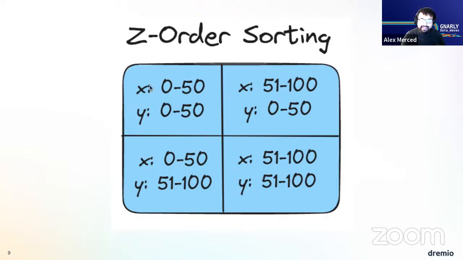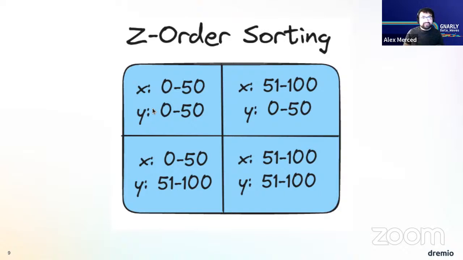Basically, any data that fits into this bucket is going to be written to separate data files than records that fall into these other buckets. So essentially, anything that matches these two conditions is going to be in a separate data file than anything that isn't.